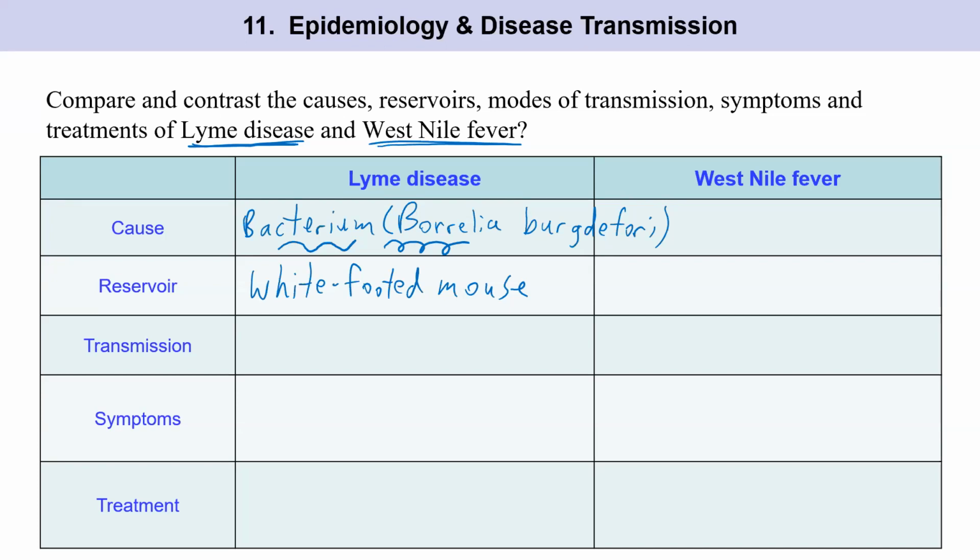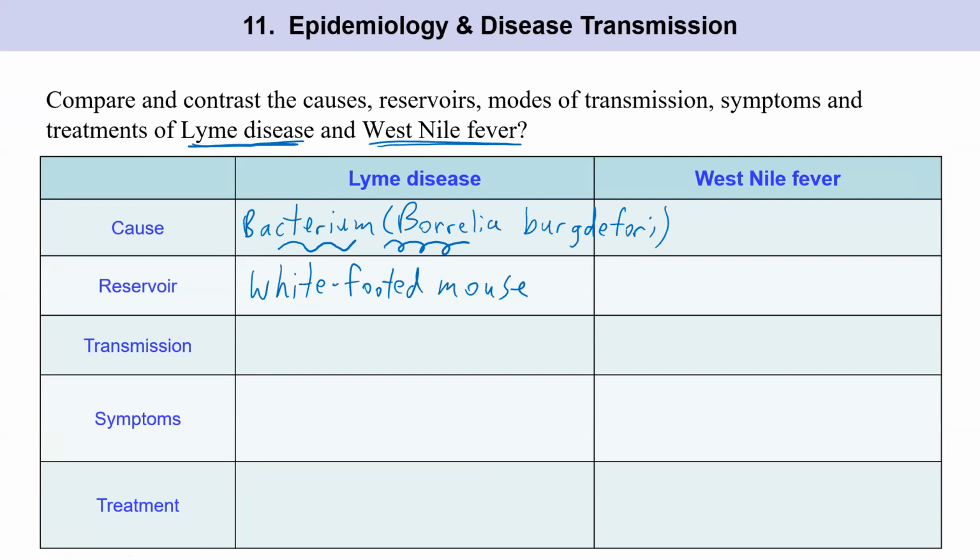And in fact, the white-footed mouse and the white-tailed deer tend to have very similar habitats in terms of climate, and they're both well habituated to living near humans, in areas where you might live in a suburb and there's a nice forest and trails nearby. They're not as afraid of humans as a lot of other wildlife.